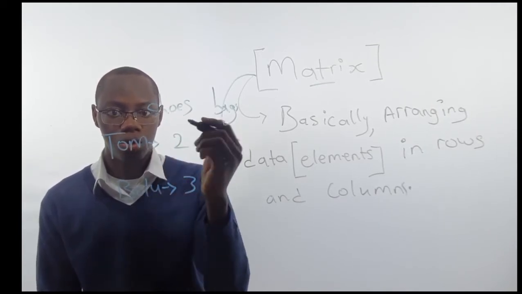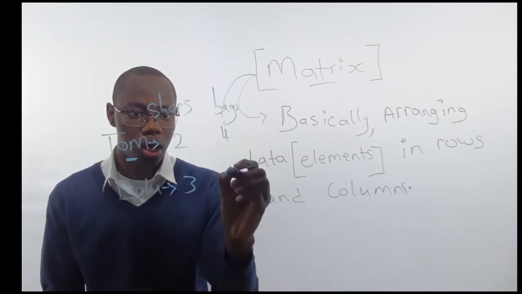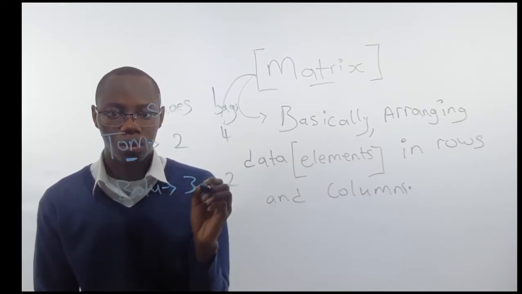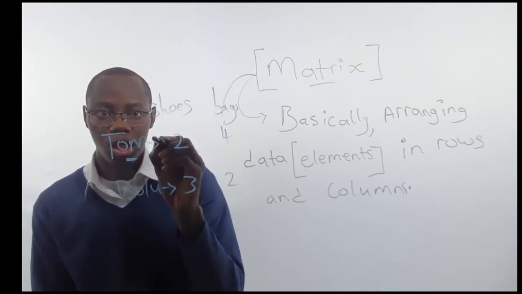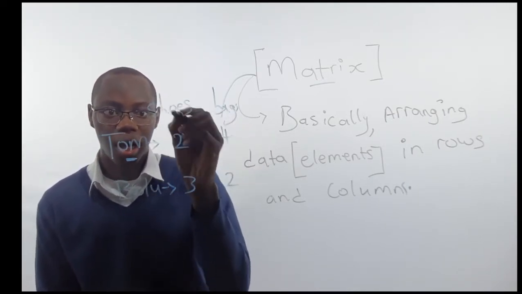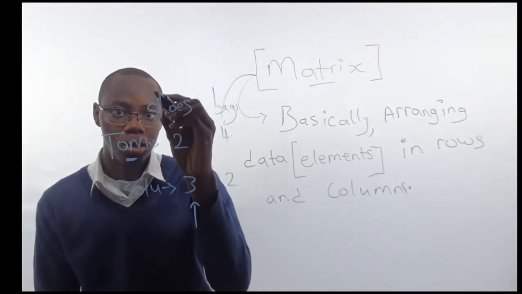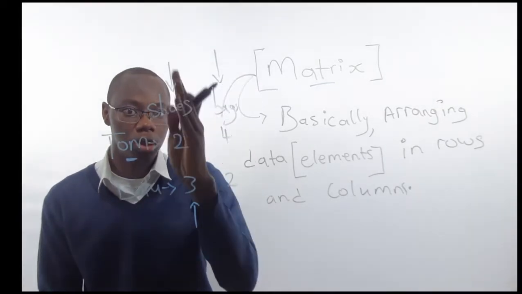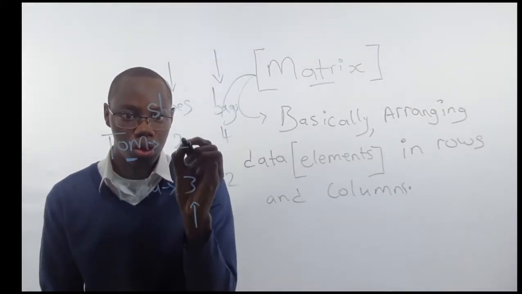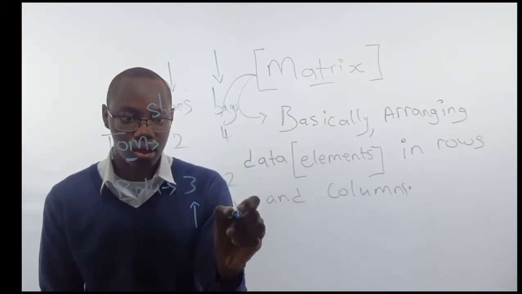And let's assume Tom has 4 bags and Bulu has 2, for example. Now their shoes and their bags are in columns, right? Like this is one column and this is another column, like this. So shoes 2 and 3 and bags 4 and 2, right?